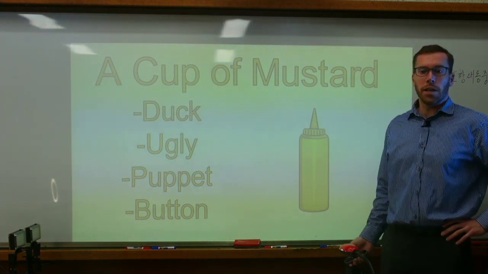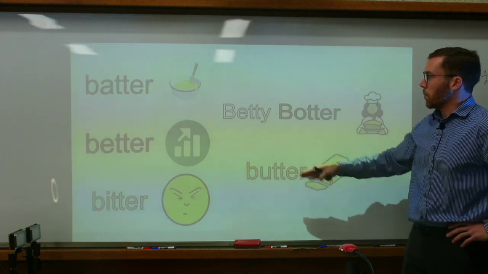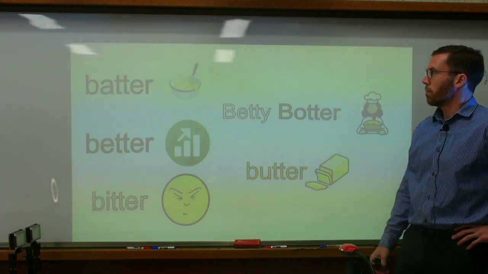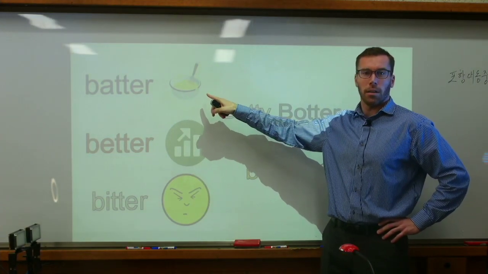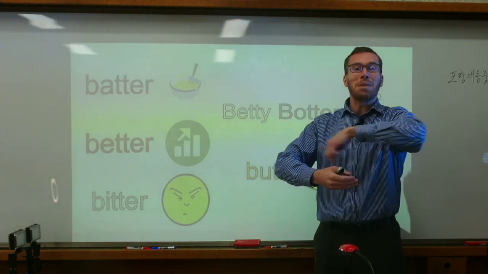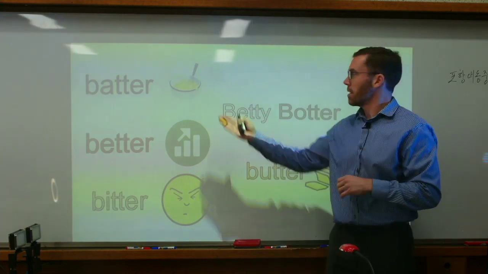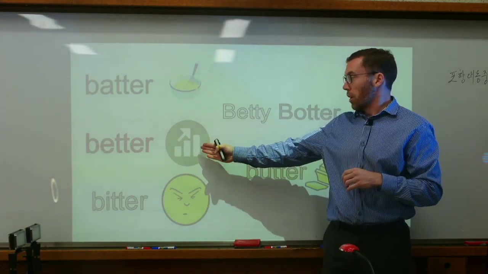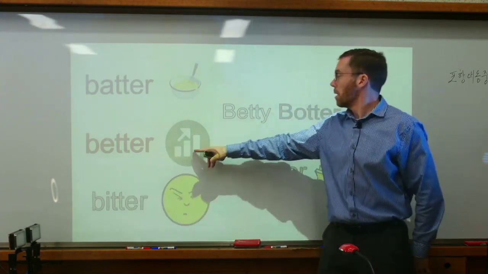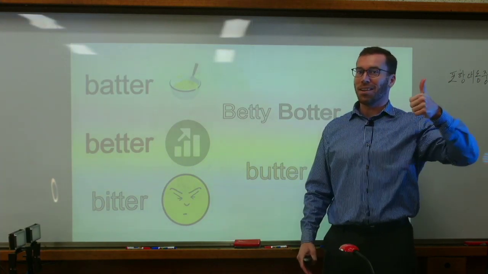Today's tongue twister is Betty Botter. We have the 5 vowels, A, E, I, O, U. First is batter. When you're making a cake, the batter is what you mix before you put it into the oven. This is our batter. Better, right? You can see it's red. Better. Gets better. Good, better, best.